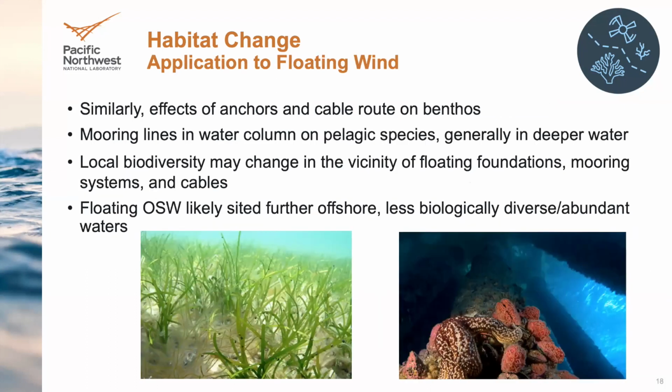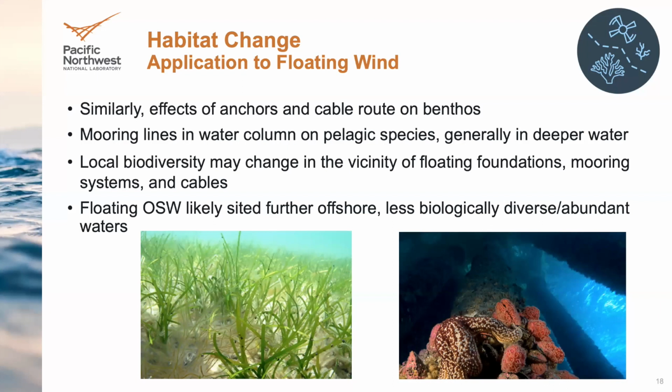Now, when we look at floating wind, really very similarly, you have anchors, you have cable routes, etc. You have mooring lines for floating devices. Now, these are mostly in deeper water, of course, than the marine renewable energy devices. And as you go away from the coast, the biodiversity drops, the abundance drops.